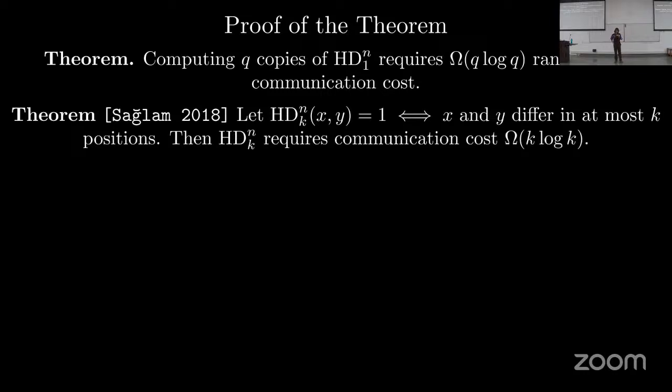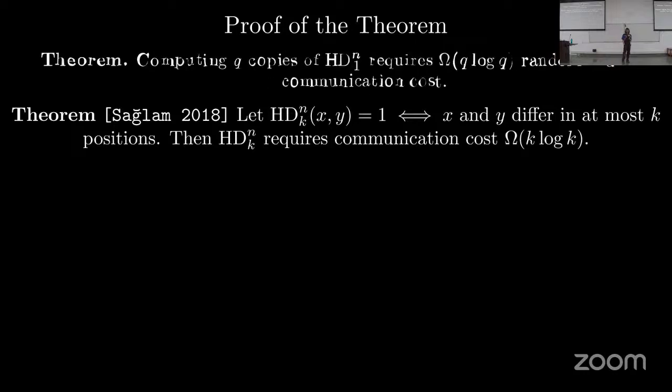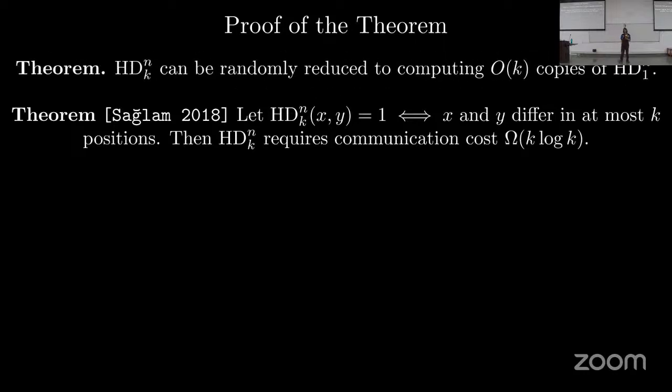Hamming distance k means we need to check whether 2 strings differ in at most k positions. This requires at least k log k communication cost, which is a very complicated theorem, and our proof is a reduction to that. We prove that Hamming distance k can be reduced to linearly many queries computing linearly many copies of Hamming distance 1 several times.